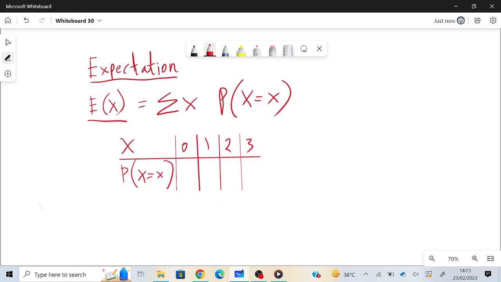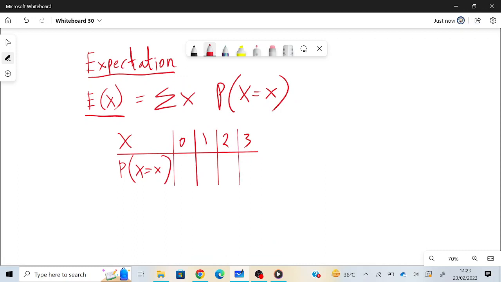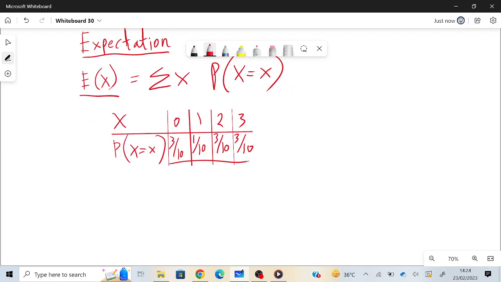And let me just make up some probabilities. Let's say this is 3 over 10, this is 1 over 10, this is also 3 over 10, and then this is also 3 over 10. Because if you add all of them up, it will eventually give you 1, and that's what you want. The sum of everything over here should be 1 at the end of the day.